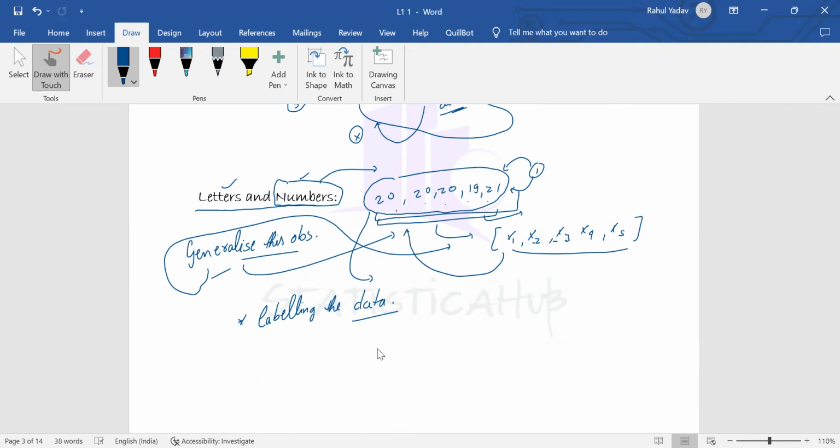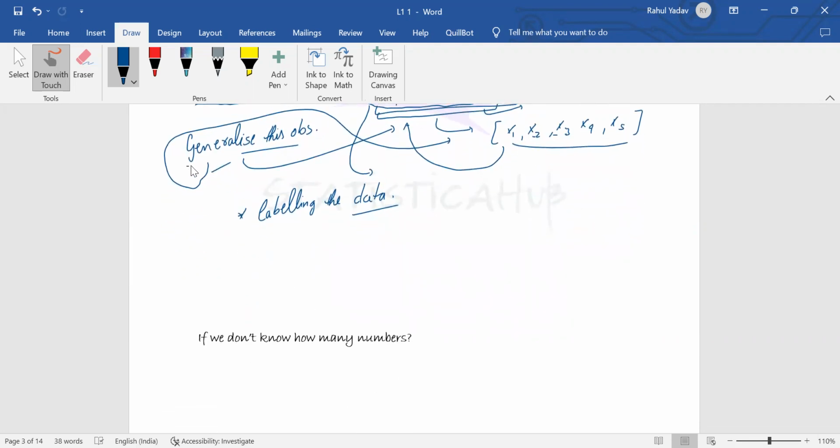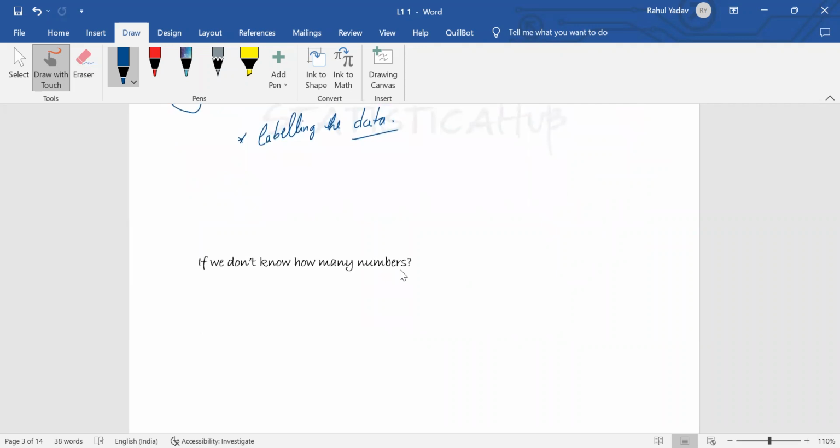But what if we need to define it for a general case, and we don't know how many data points we have? In that case, we will say that the number of data points is n.